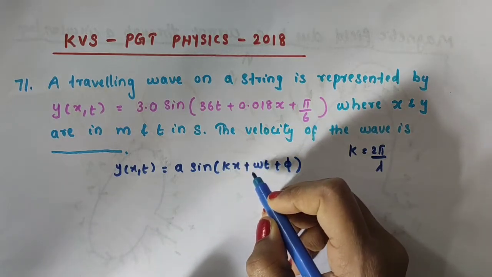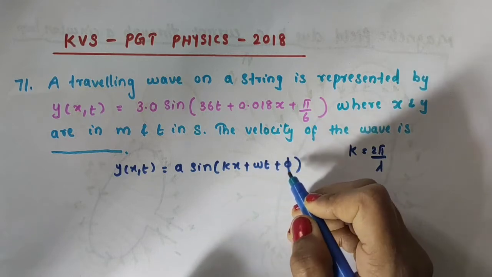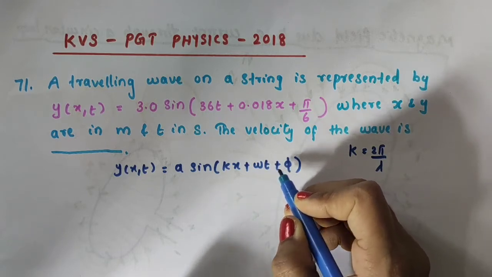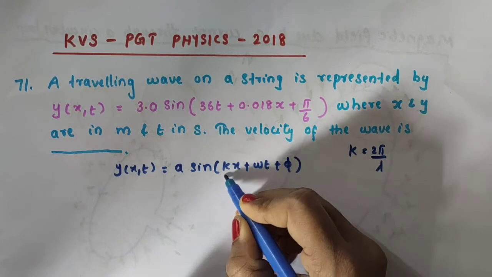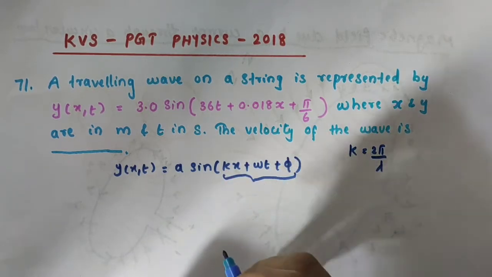Omega is the angular frequency or angular velocity. Then t is the time taken. Then phi is the initial phase angle. This kx + ωt + φ together is called the phase of the wave.